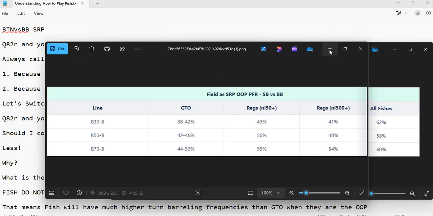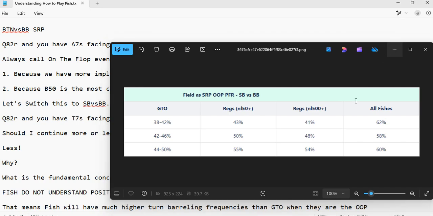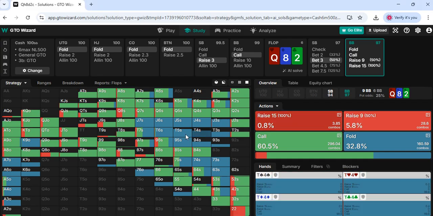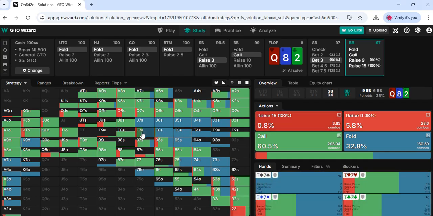That means that we need to overfold flop. Because the fish doesn't understand position and he has similar barreling frequencies in a small blind versus big blind spot as he does in a button versus big blind spot, we need to overfold flop because we can't realize equity on the turn. He's supposed to be barreling between 42 and 46 and he's barreling 58.